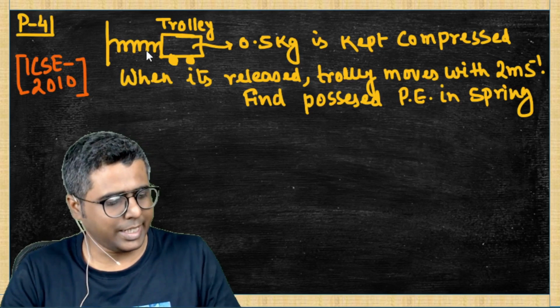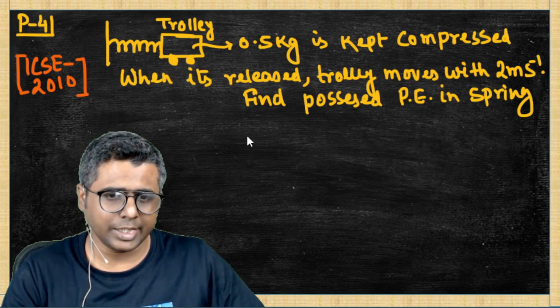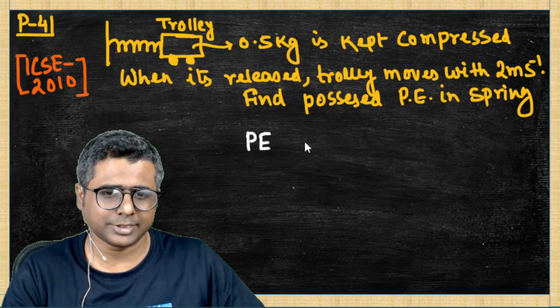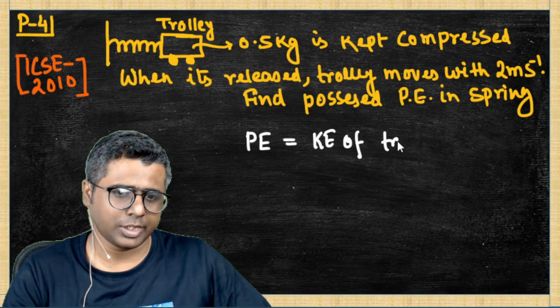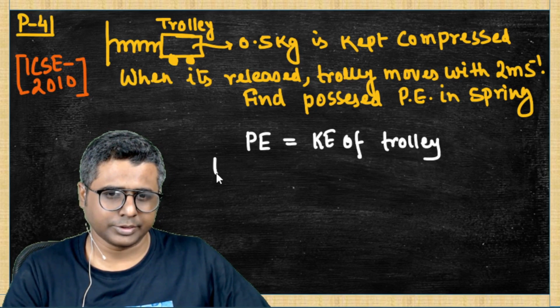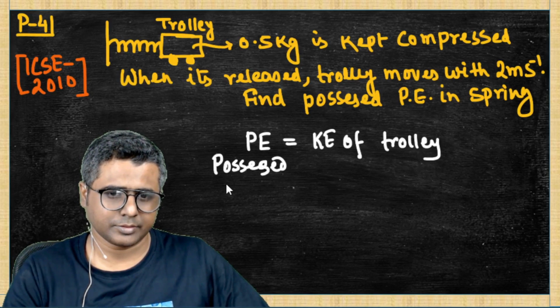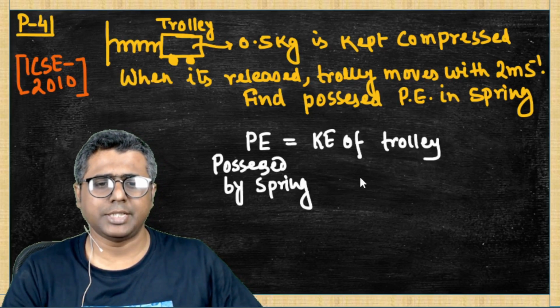So what we will take is that all the potential energy that is possessed by the spring is converted to the kinetic energy of the trolley. Kinetic energy of trolley equals PE possessed by spring. So KE of the trolley can be easily found out.